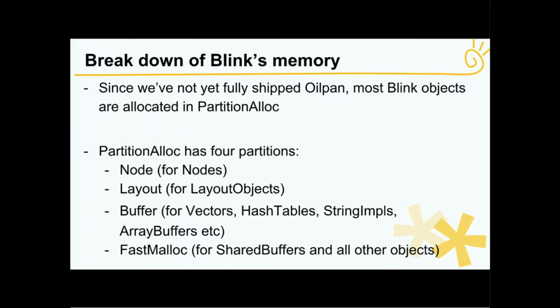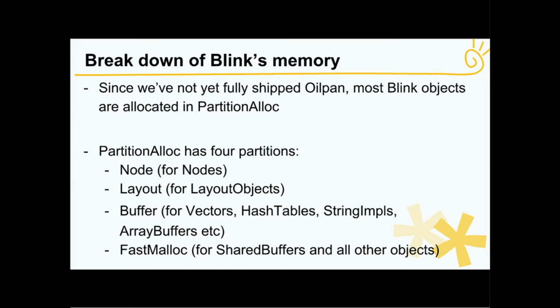This is BlinkOn, so it's important to understand what Blink is doing. Because we have not yet fully shipped Oilpan, most Blink objects are currently allocated in PartitionAlloc. As I mentioned, PartitionAlloc has four partitions: node, layout, buffer, and fast malloc. The node partition contains node objects, and the layout partition contains layout objects.